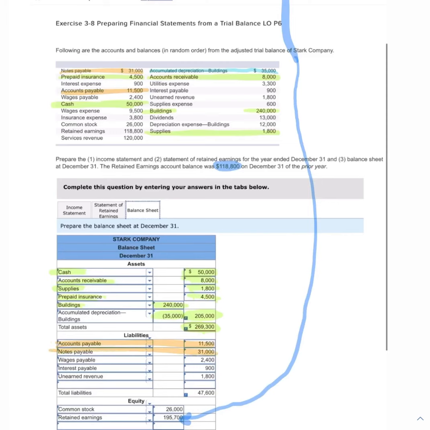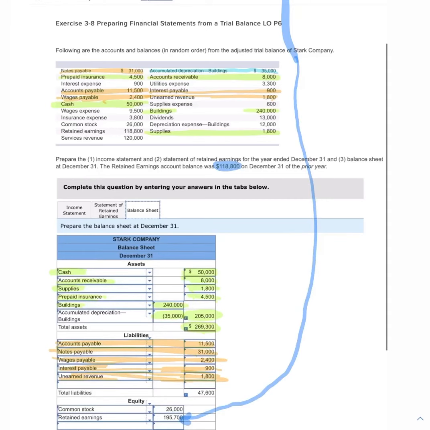I see wages payable, and that is, of course, for my $2,400, which we have right there. Then I have interest payable for $900, and we see interest payable right here for $900. And finally, we have the unearned revenue account, and that unearned revenue account is for $1,800.